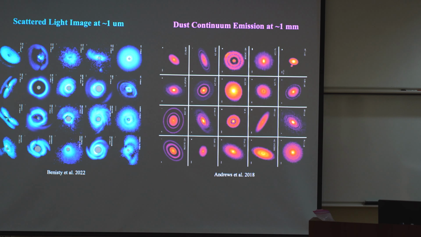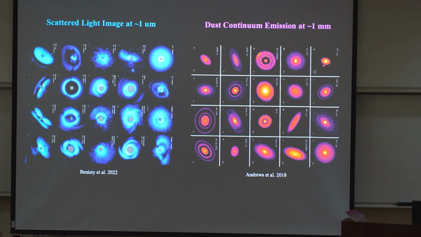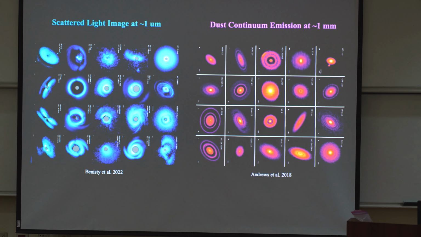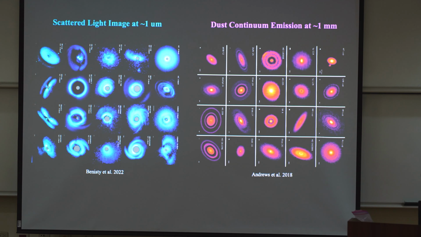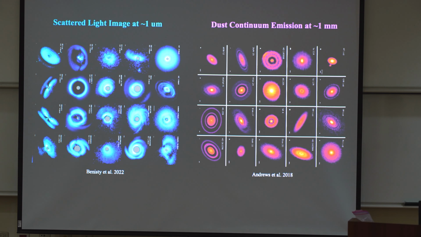All right, so here are more images similar to the two examples. All these blue panels are scattered light images at around 1 micron, and all these are ALMA observations at millimeter wavelengths. Similar images have been taken for a couple of hundred disks. So the takeaway is that in most of them, we see structures.